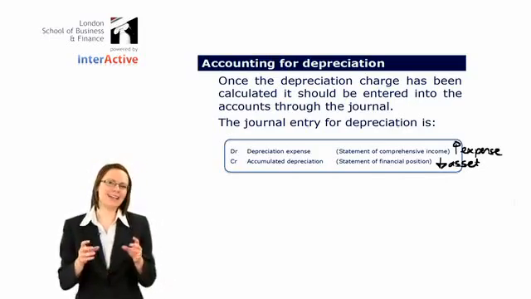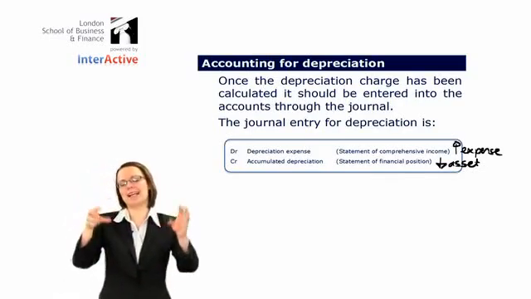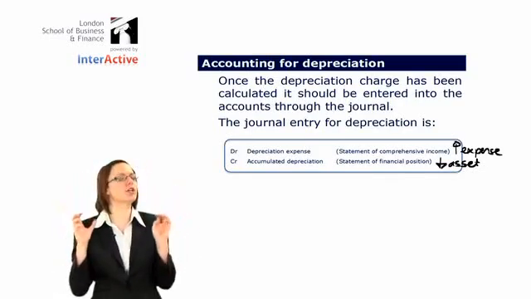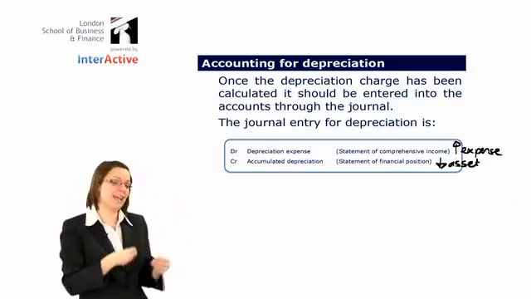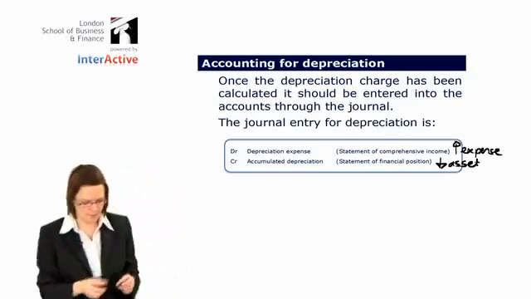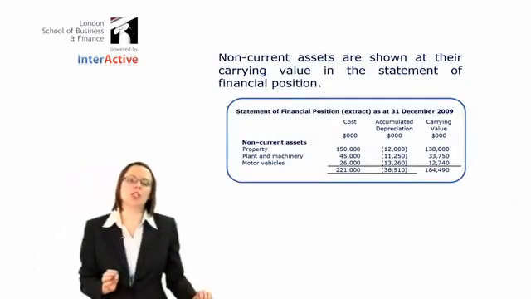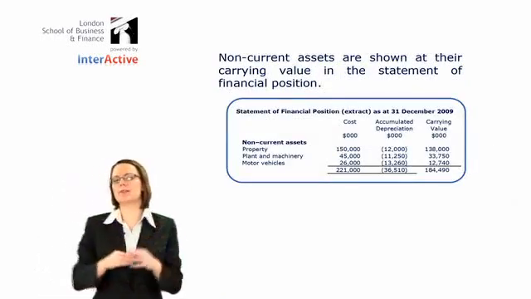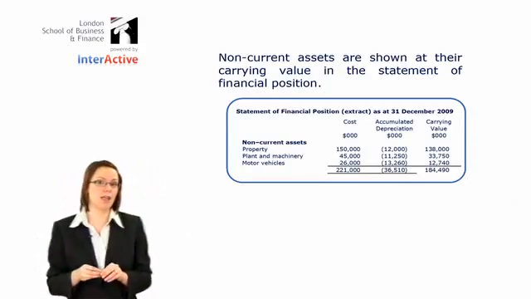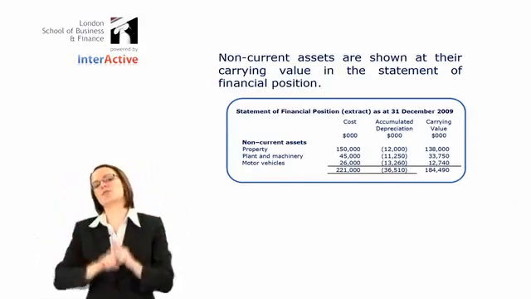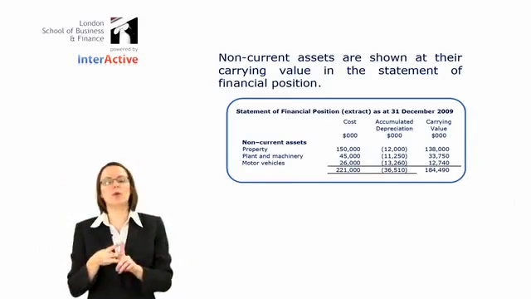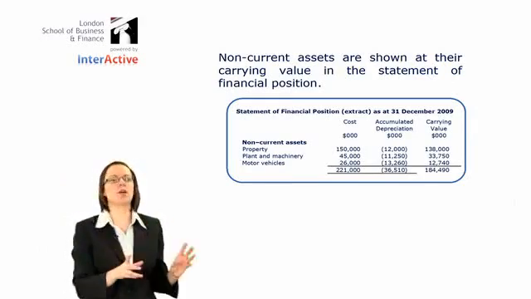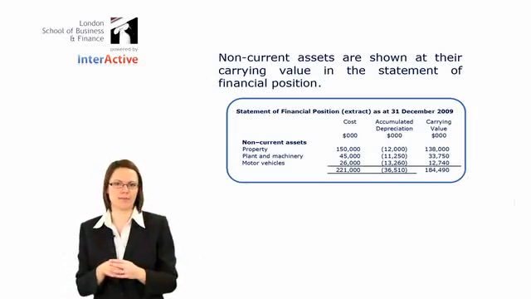Now, let's see how the non-current asset cost account and the accumulated depreciation account look and are presented in the statement of financial position. Okay, so can you all see there we've got a statement of financial position extract. And remember, we said it has 3 columns in the statement of financial position with 3 headings that relate solely to non-current assets.